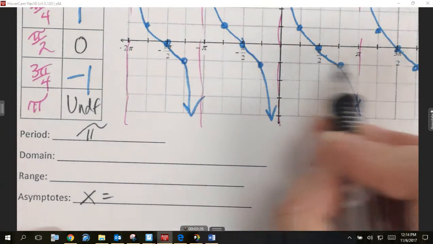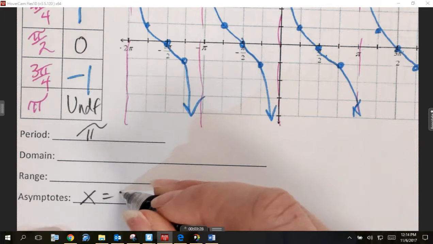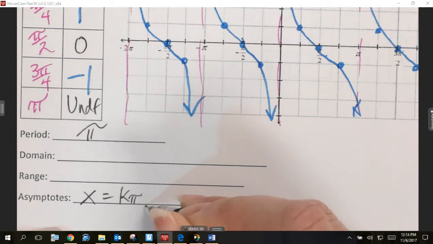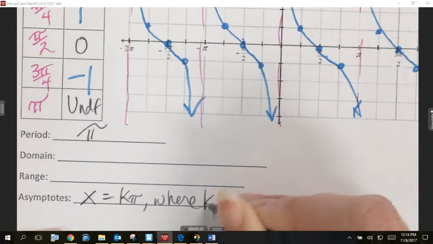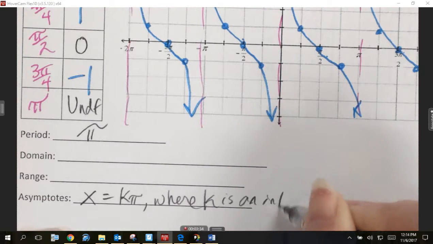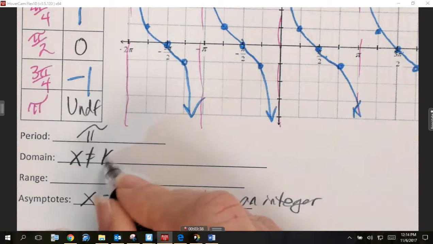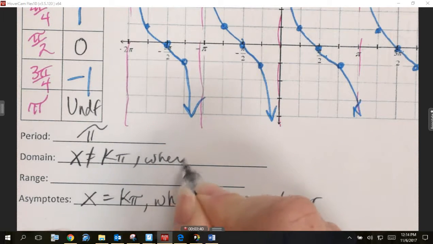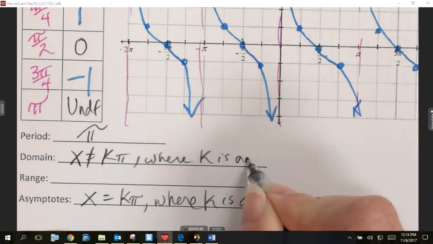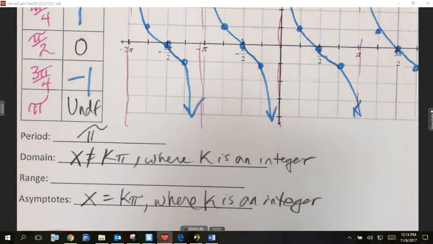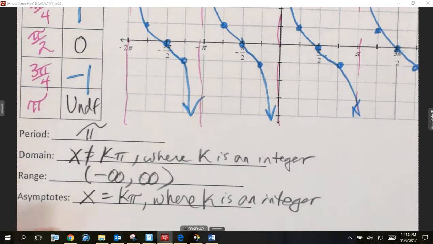And then we'll add on how far apart they are. So pi k, or k pi, where k is an integer. And then the range goes from negative infinity to positive infinity.